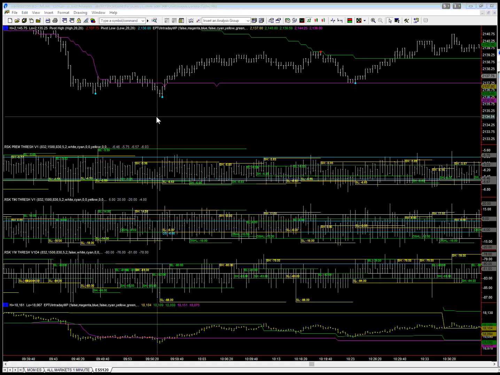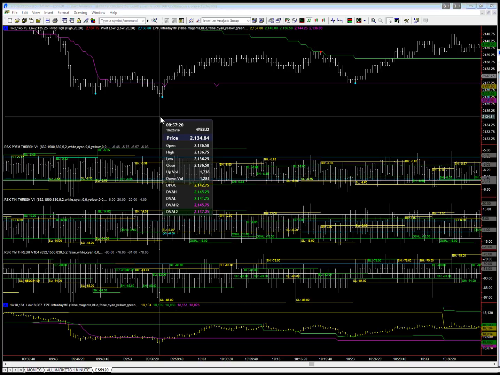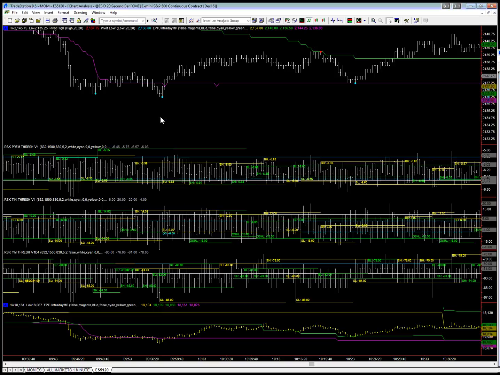There is no divergence on the YM, and we've got this fairly significant low right there on this particular bar at 88 on the premium, and that doesn't quit either. We'll talk more about that just a little bit later.